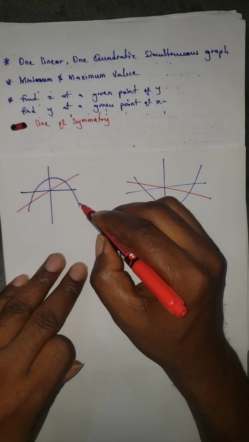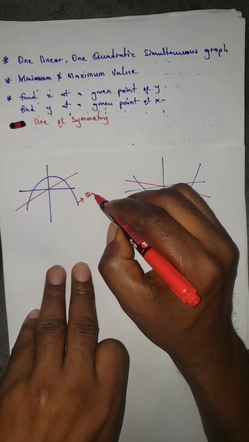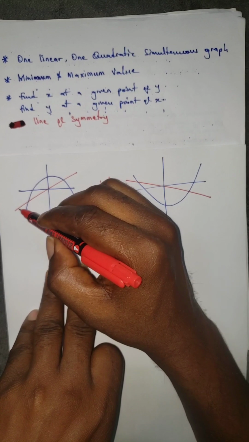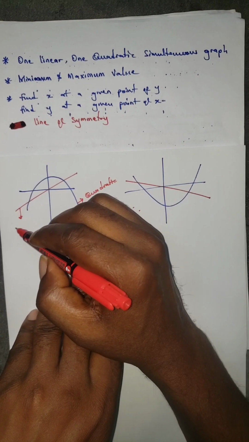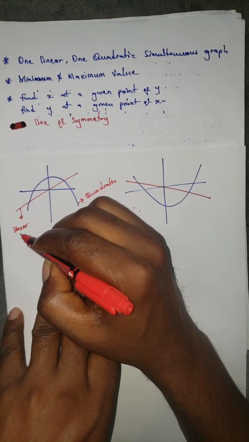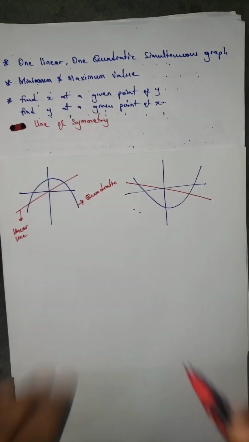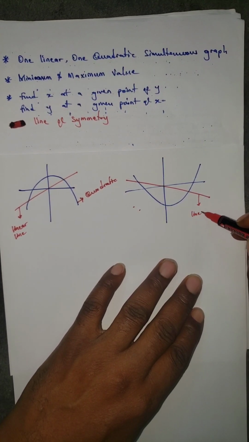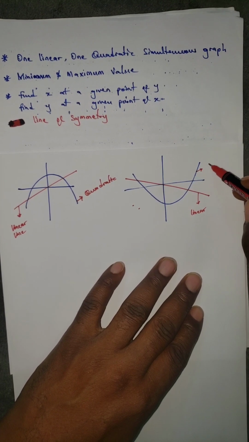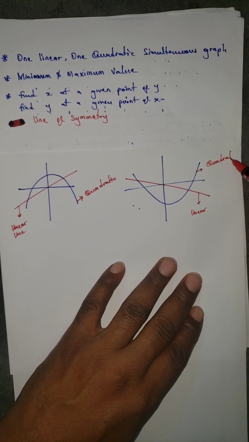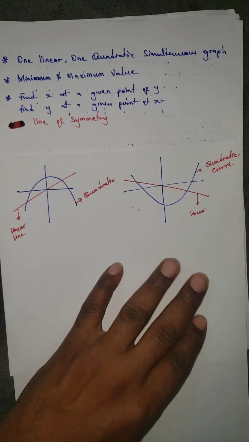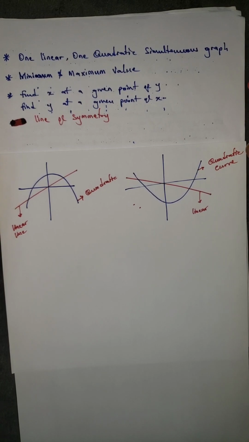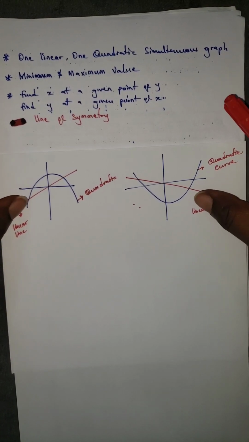So what you have here is your quadratic curve, and what you have here is your linear line. Okay, so we also have that here, your linear line and your quadratic curve.